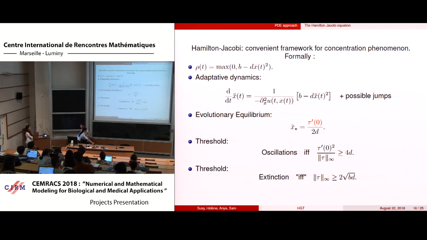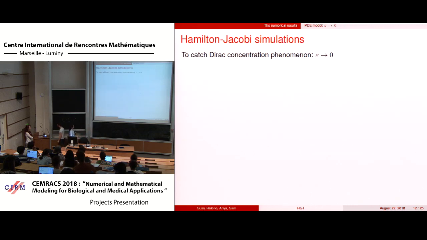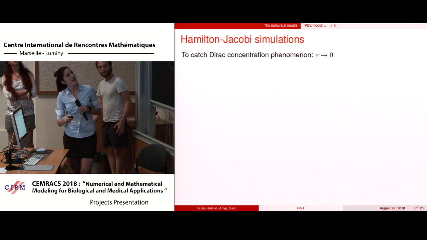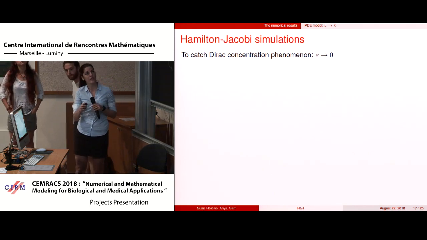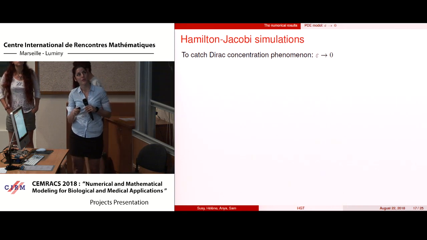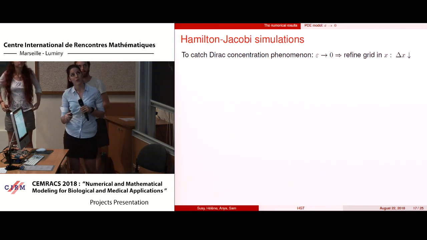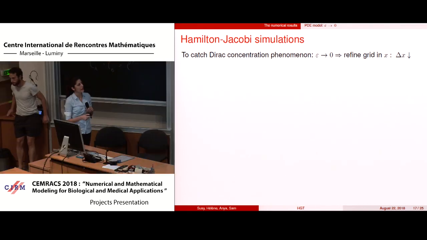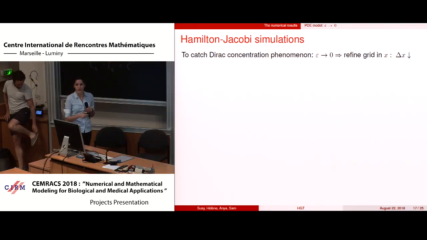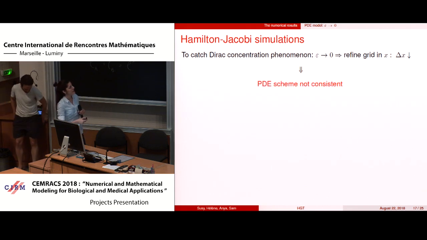Thank you, Sam. In fact, if we want to be able to catch the Dirac concentration phenomenon, we need to make epsilon go to 0. It translates to refining the grid in x, that is, making the space step decrease.